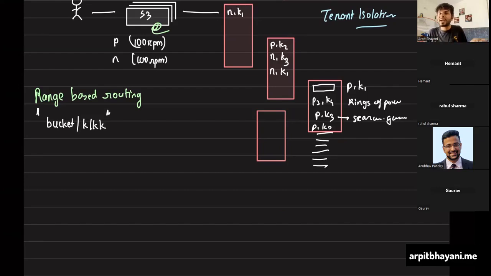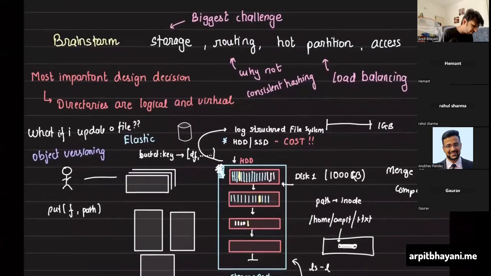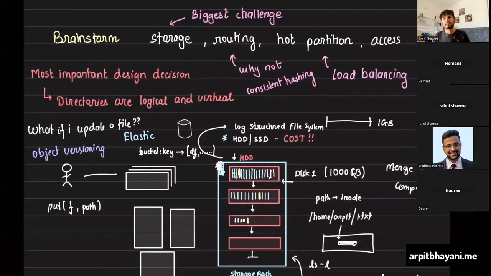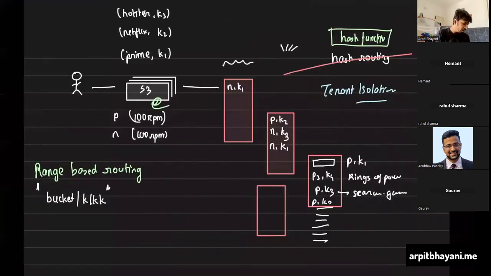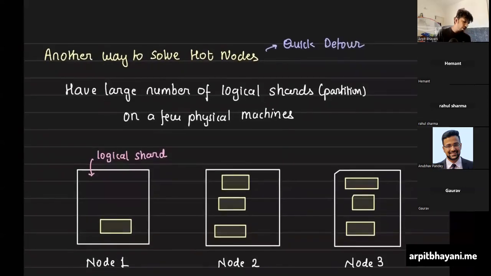Problem solved, right? This is one place where I always wanted to talk about why you cannot use consistent hashing, because you are leaving your fate in the hands of the hash function, which you should not. Now that we are on the topic of hot partitioning, let me talk about another way.